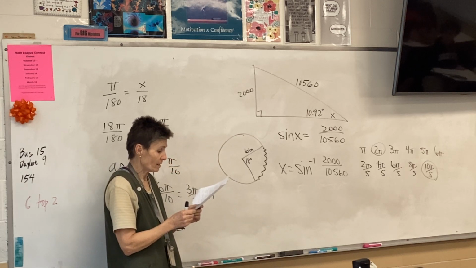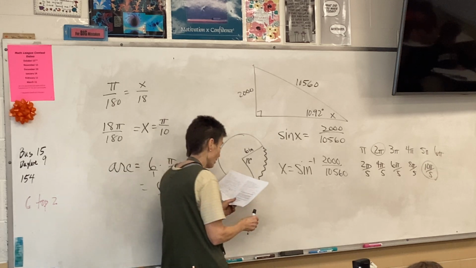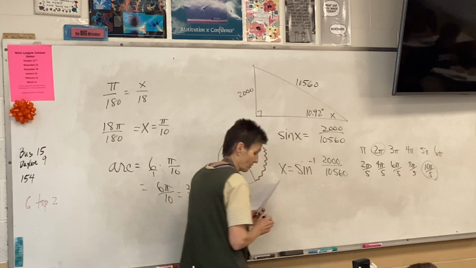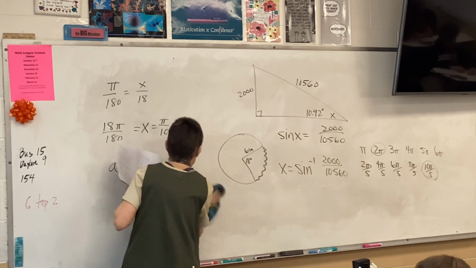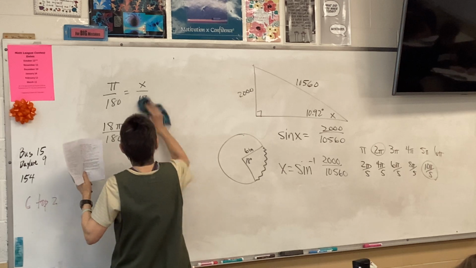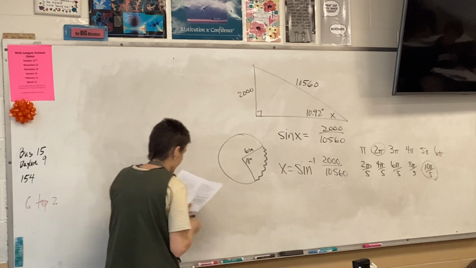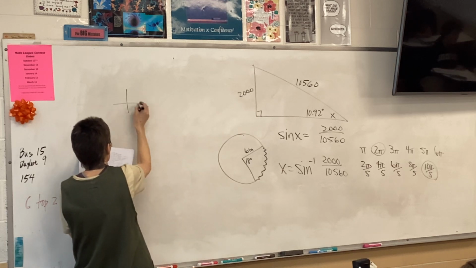Let's do number 3 on the word problems. A ship sails from port on a course of due north. Knots is nautical miles per hour, just a speed. Alright, so here's my compass.